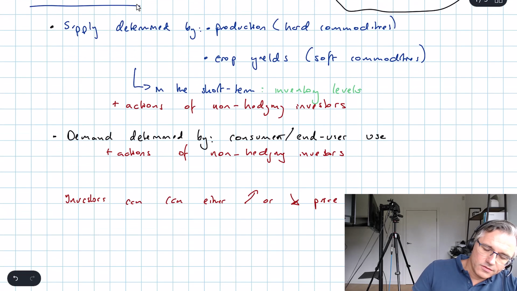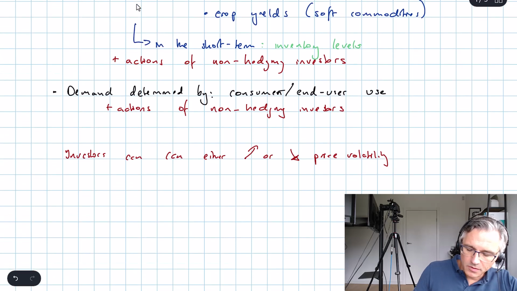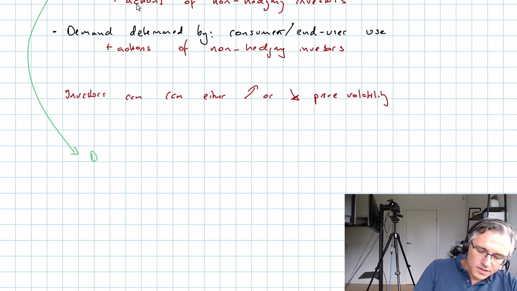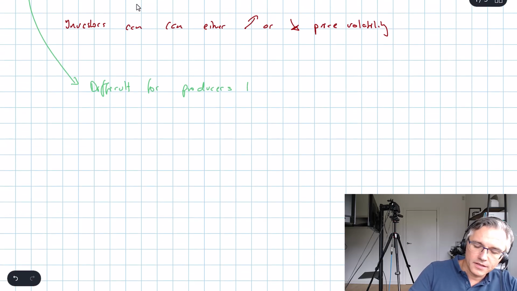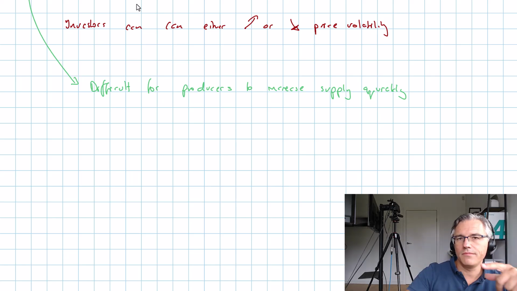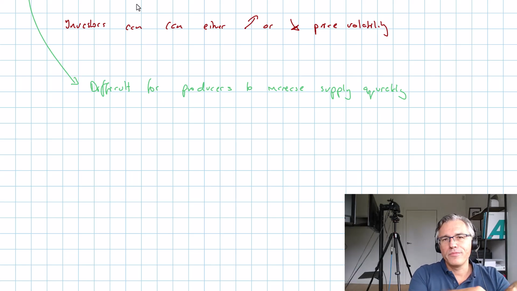Some important points to take away, especially when it comes to the supply side of this equation, is that with commodities it's going to be difficult for producers to quickly increase supply. For agricultural products, you're going to need at least one production cycle, one growing cycle, to bring more crops to the market.